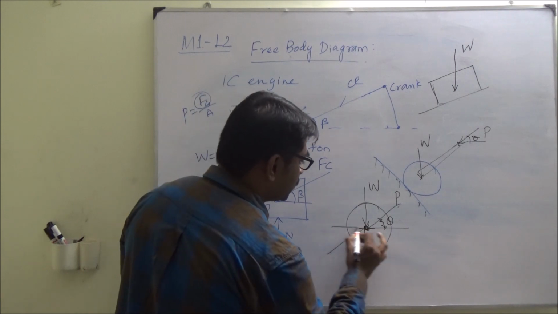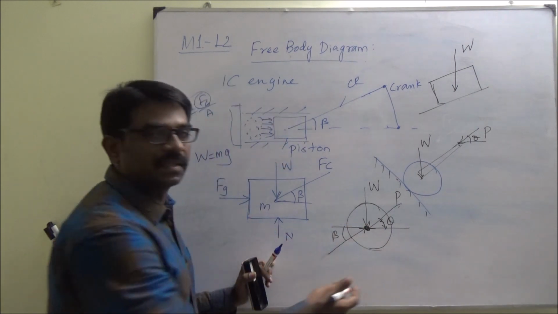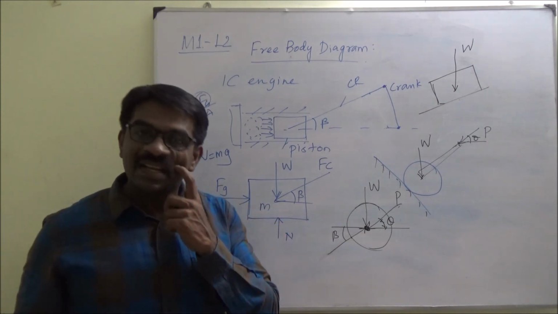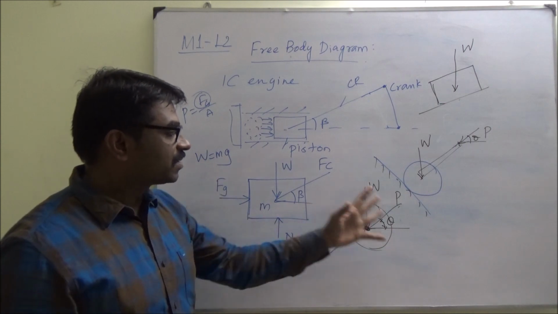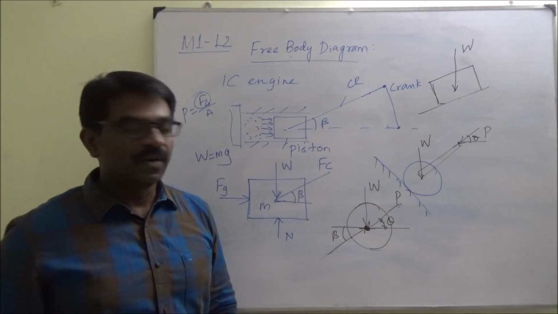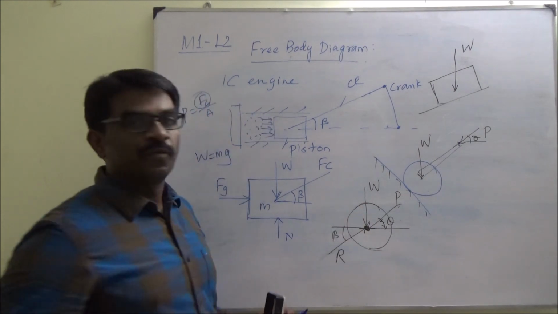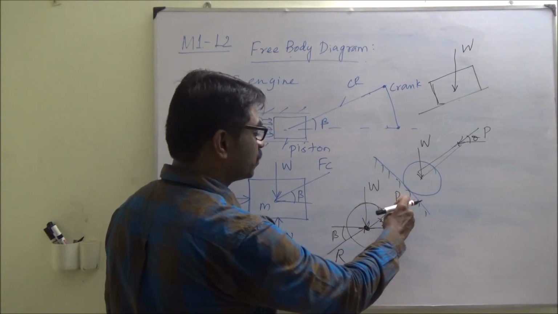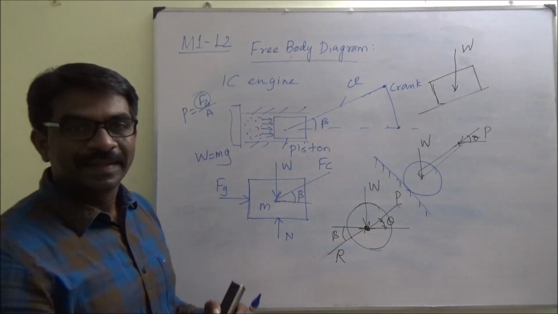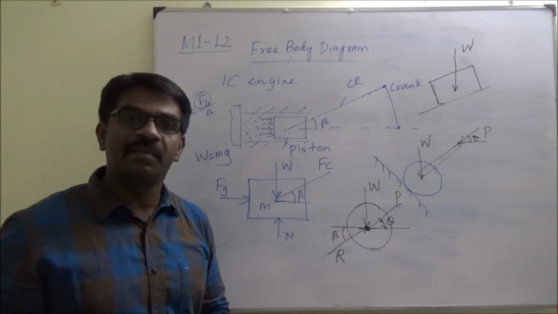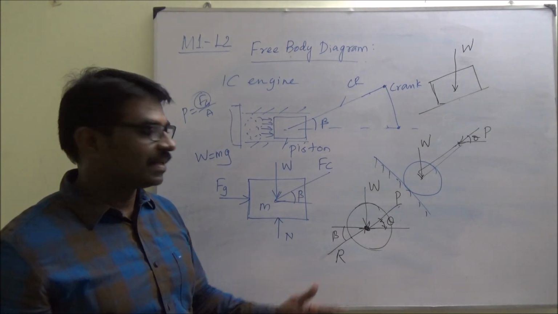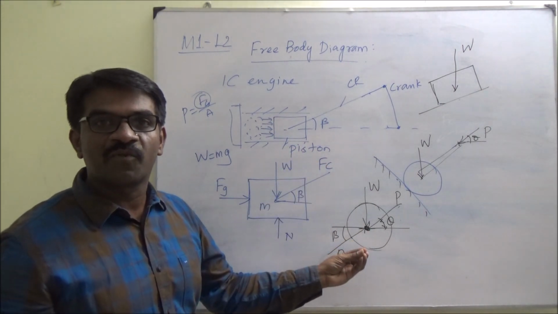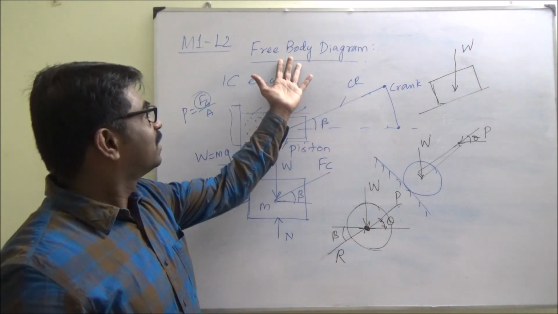Here also some angle is involved that you need to put, or you may have to find out the angle sometimes. We call it a reaction force. The body force, in other words the weight, the external force and the reaction force that are acting on the body are drawn here. This representation of the forces is the free body diagram.